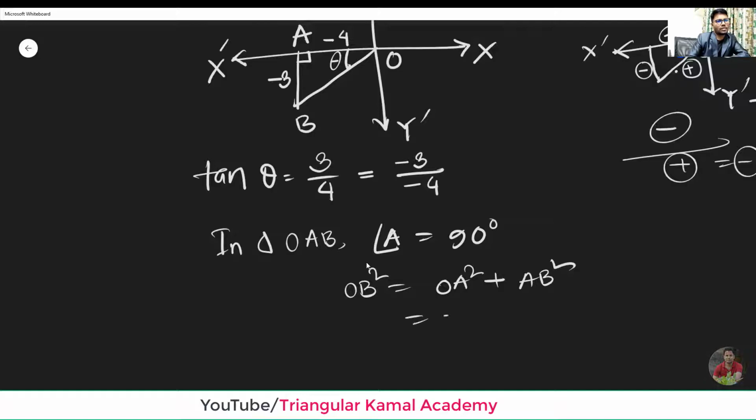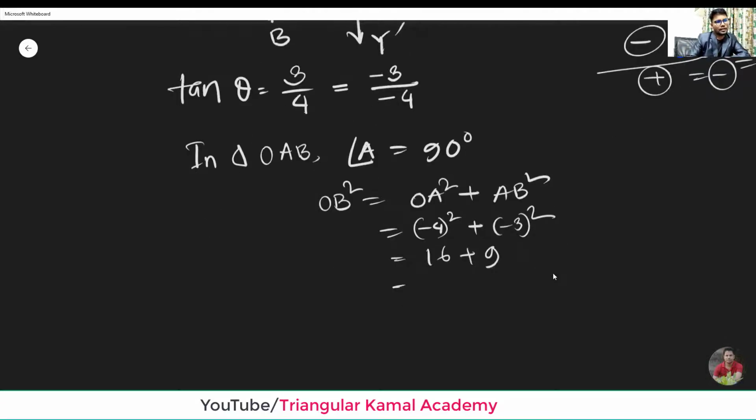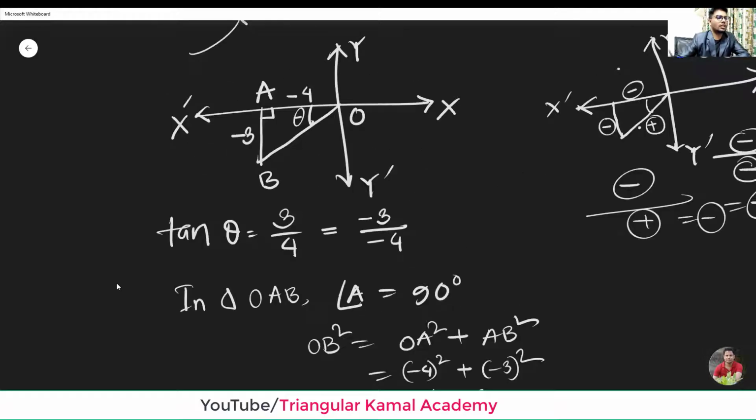This is minus 4 square plus minus 3 square. This is 16 plus 9. There will be 25. So the value of OB, square shifted to the right side, will be positive, hypotenuse is always positive. So here hypotenuse is plus 5.